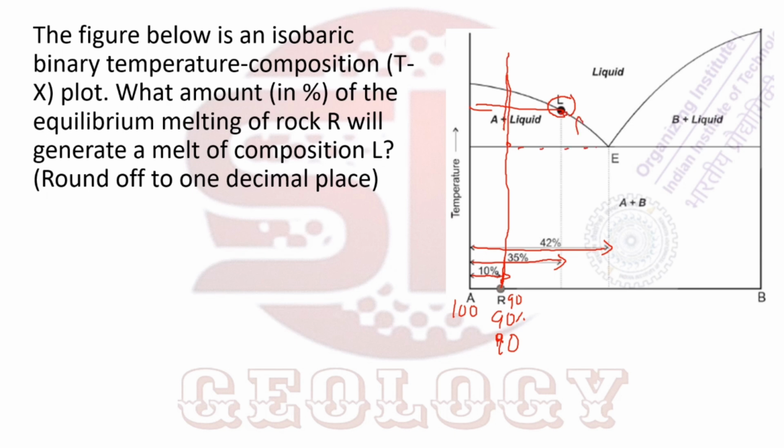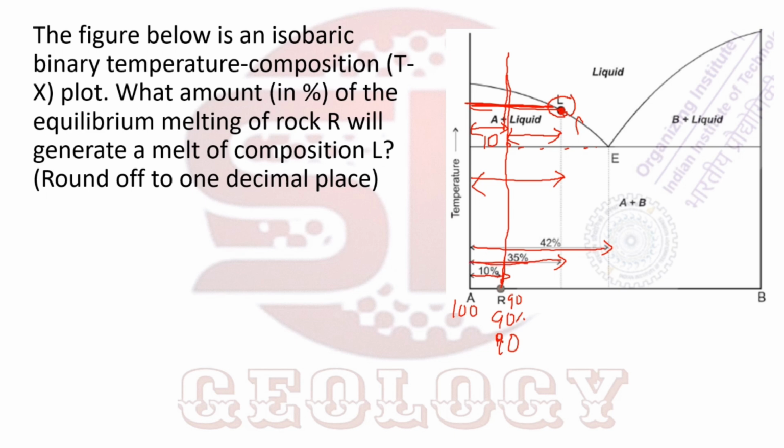So we have to calculate the melt percentage at this point. This segment gives you the solid percentage, and this segment gives you the melt percentage. This is your 10% already given, and we have to calculate this percentage.